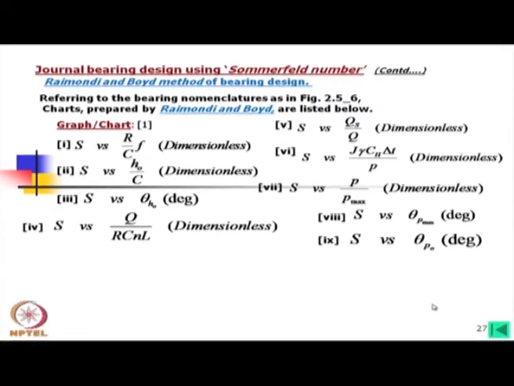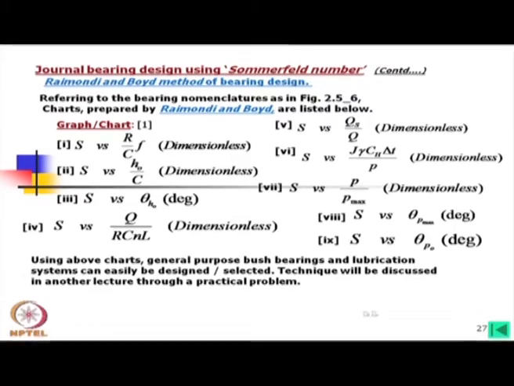Once we find this, we can verify whether our design is satisfactory or not. Also, we can think of how much oil is being dragged in and what the temperature rise may be there, and whether we should use any cooling arrangement or more oil, and whether the length is satisfactory or not.